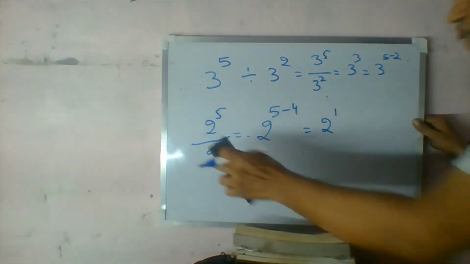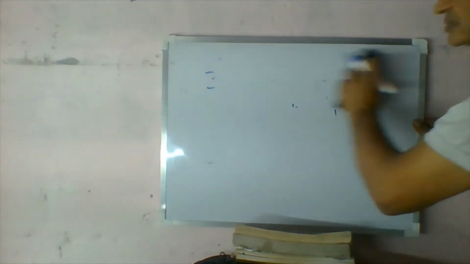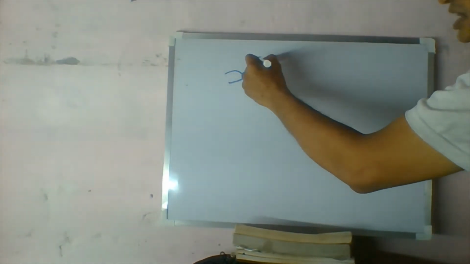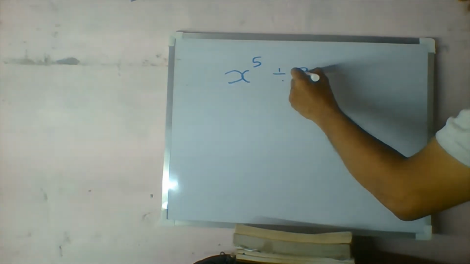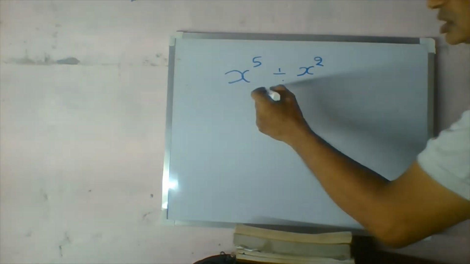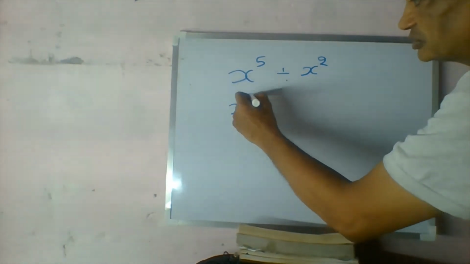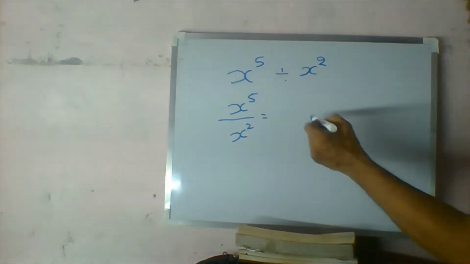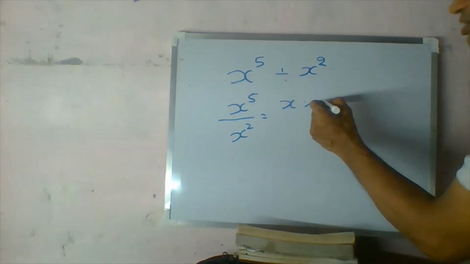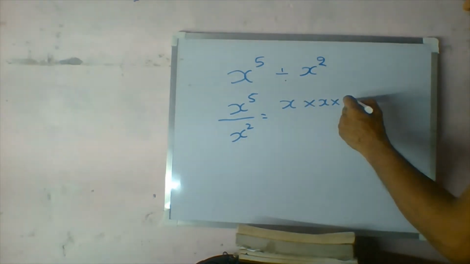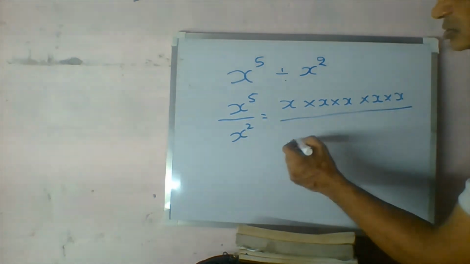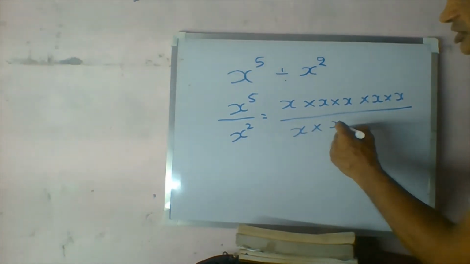So let us try to generalize it. If we have x raised to power 5 divided by x raised to power 2, x raised to power 5 means 5 x's multiplied together. x raised to power 2 means 2 x's multiplied together.